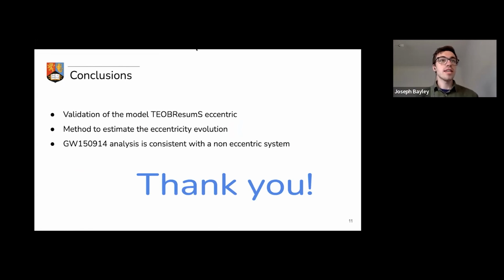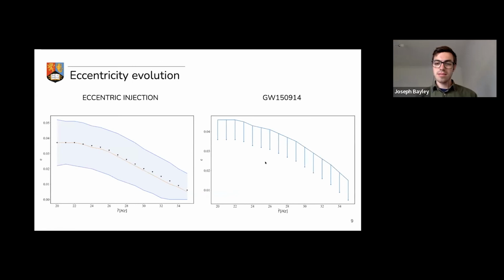Greg Ashton says, nice work, Alice. To what extent can we trust the upper bound on eccentricity for 150914, given that your analysis does not include spins? I think the upper bound is quite reliable. Of course, I didn't put any evolution for the eccentricity in this case, because this analysis is more delicate.